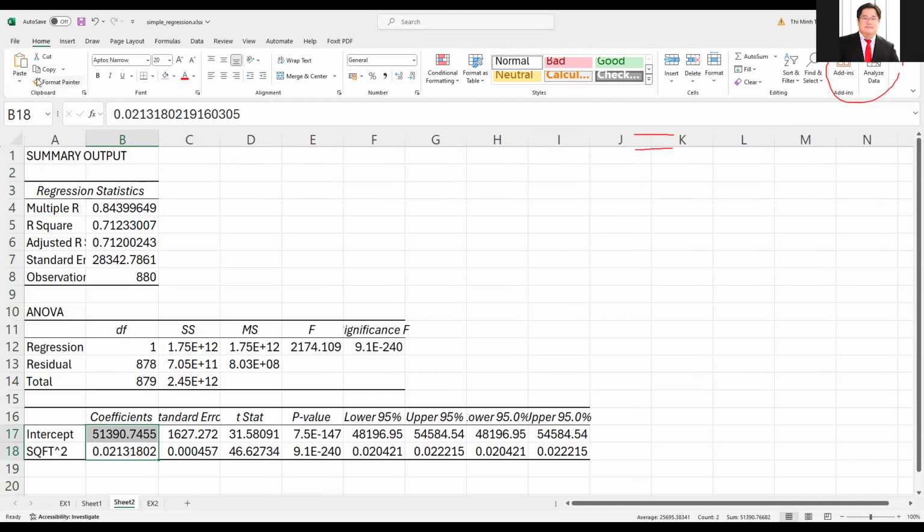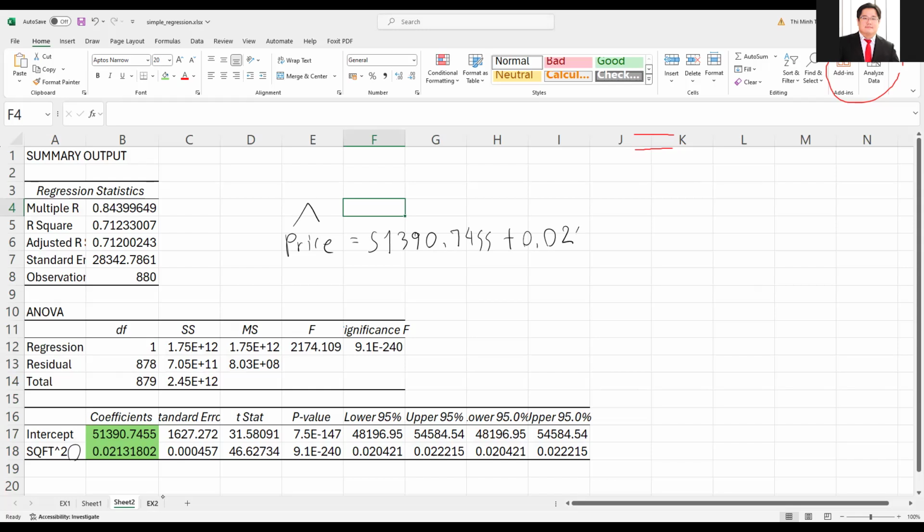This is the coefficient: intercept is the intercept, and this is your square feet. So this model: price equals intercept plus 0.0213 multiplied by square feet.